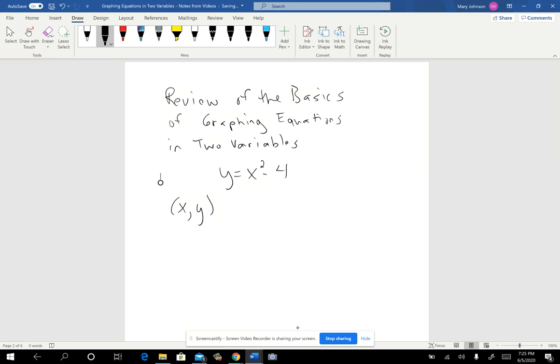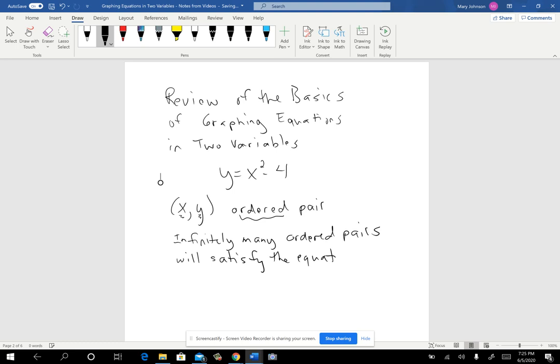This (x, y) with parentheses around it like that, that's an ordered pair. And the word ordered means that the x comes first and the y comes second, right? And there are going to be infinitely many ordered pairs that will satisfy the equation in two variables.